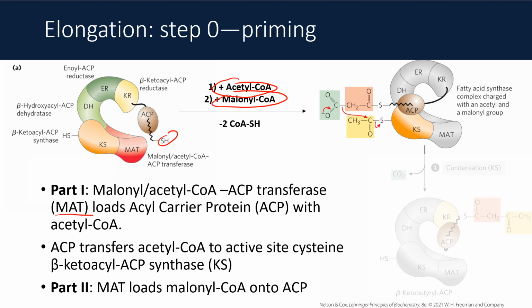So now that MAT was able to transfer acetyl-CoA onto ACP, ACP is going to carry it to the Ks domain. ACP is kind of like lipoamide or biotin. It's going to be a flexible arm that's going to reach over and deposit the acetyl fragment it picked up onto that cysteine.